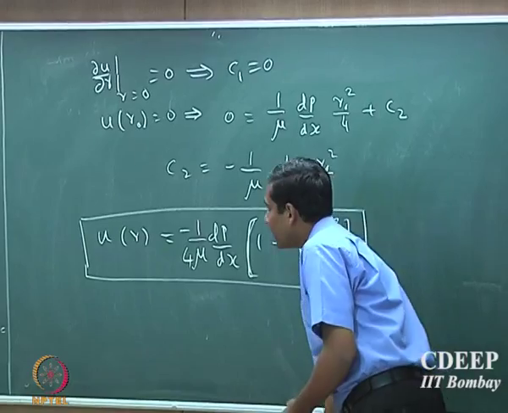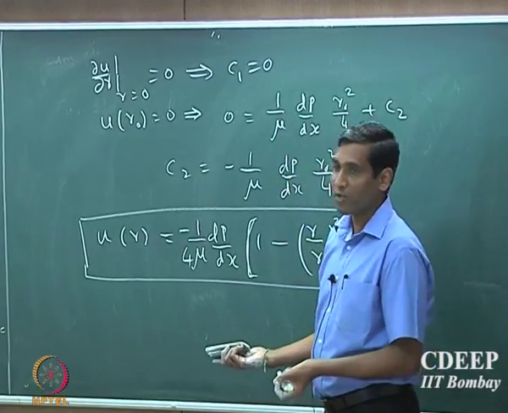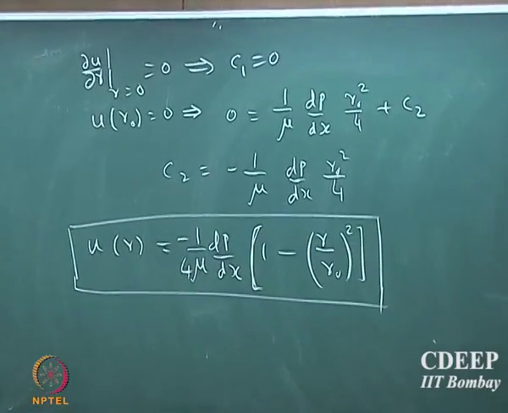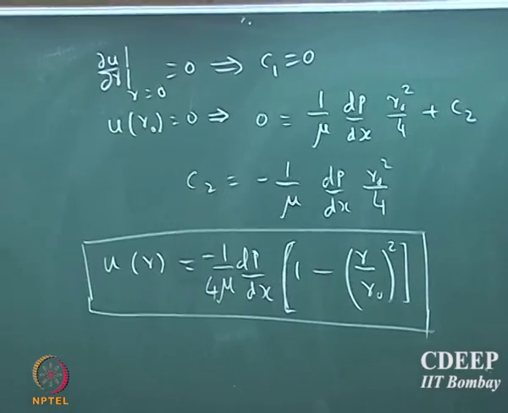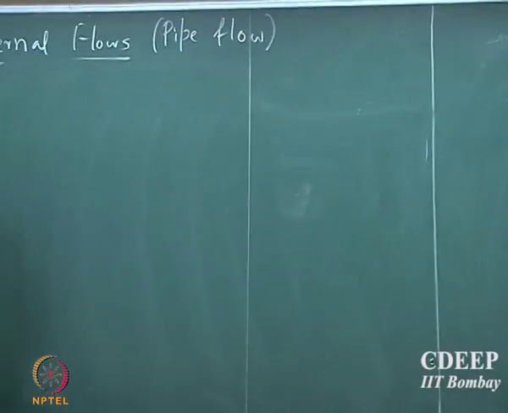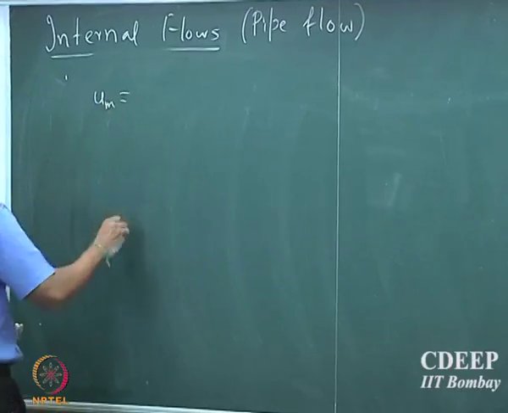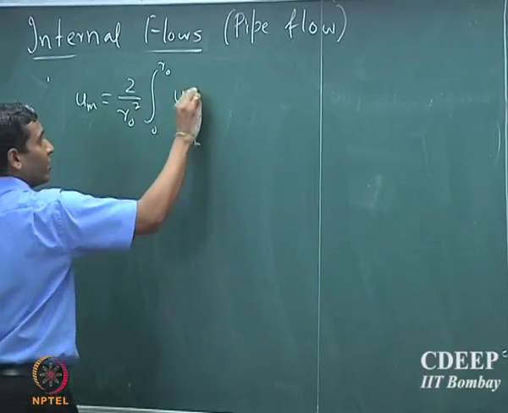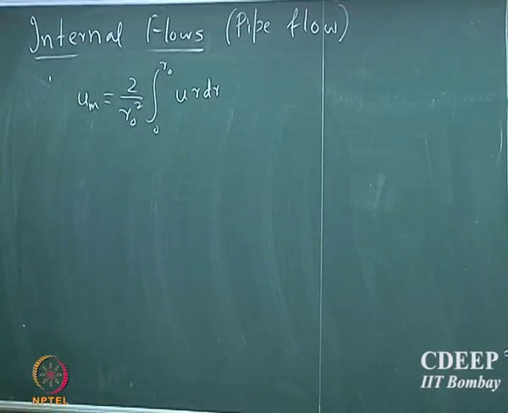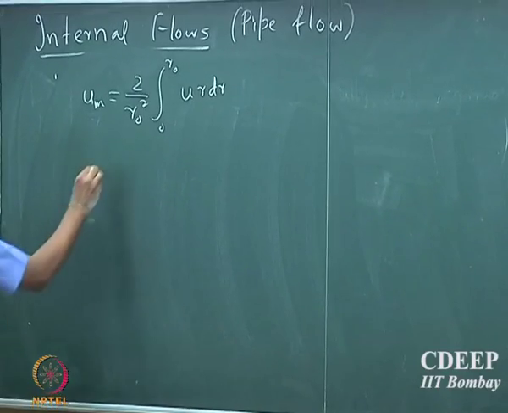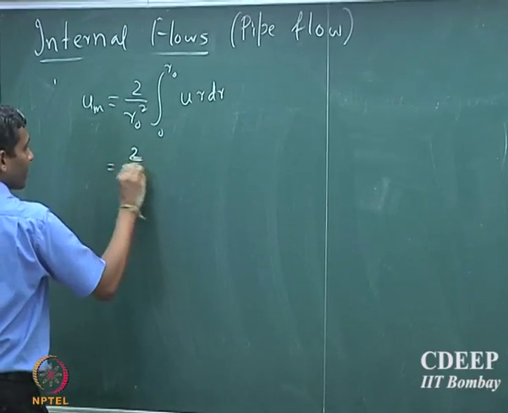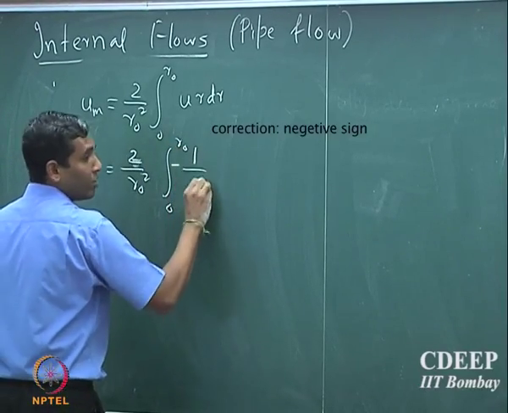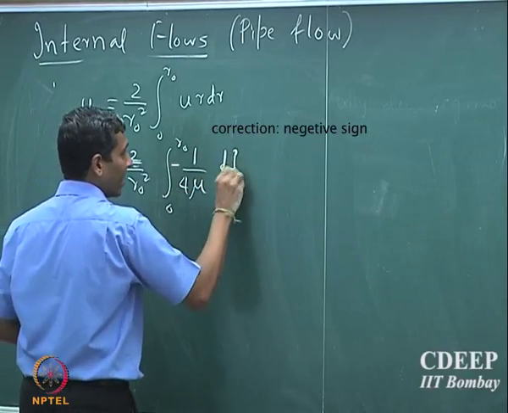So from here, now we should be able to find out what is the average velocity profile. So u m, which is the mixing cup or the average velocity, is 2 by r naught square integral 0 to r naught u into r dr, right? So I can substitute now the velocity profile.